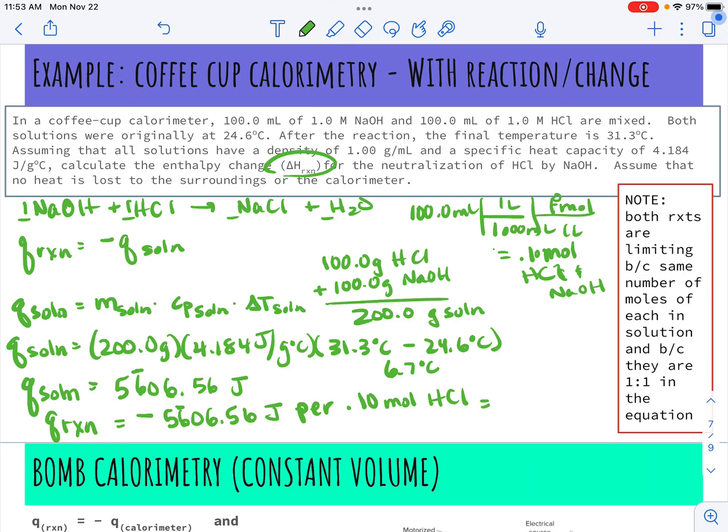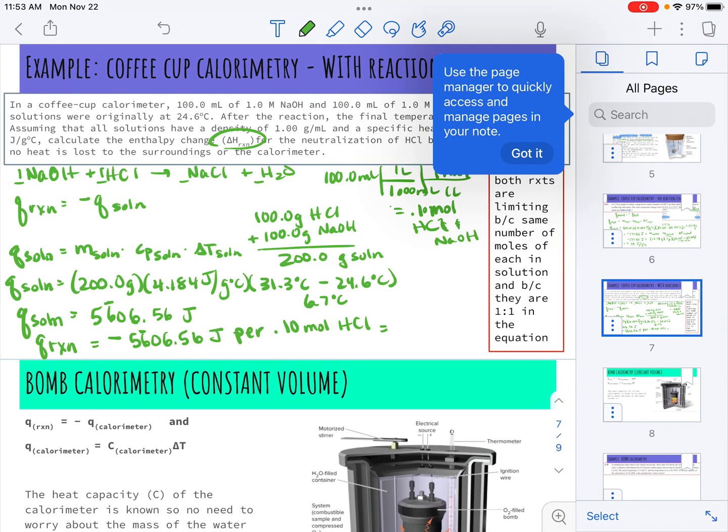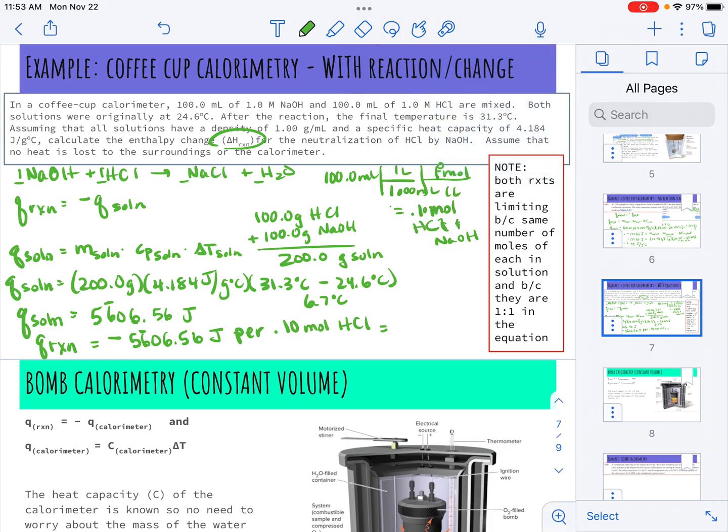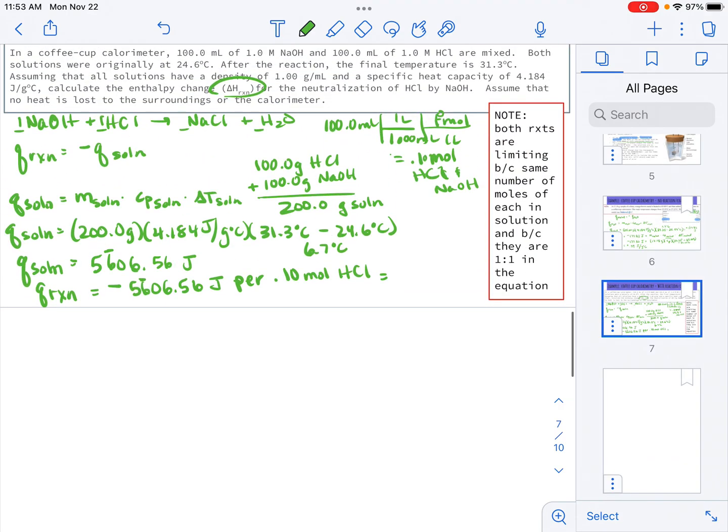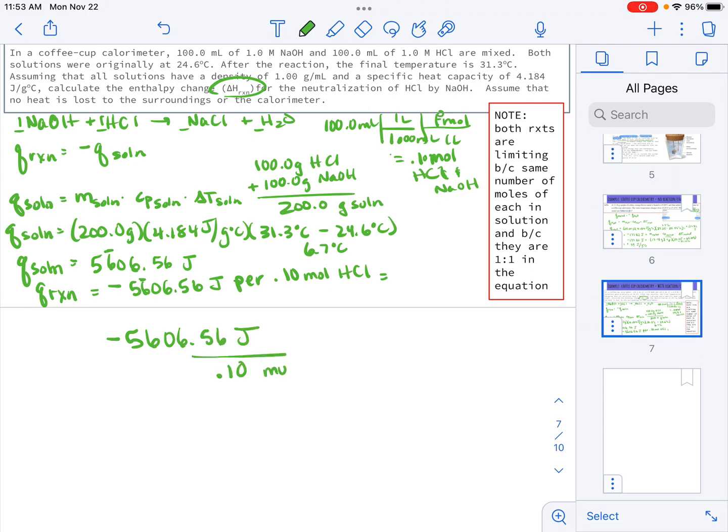So I need to translate this. I'm going to add a page so I have a little bit more space. So it's negative 5606.56 joules per 0.1 moles, and I need it to be per 1 mole. So if I divide this out, then it will be joules per mole.